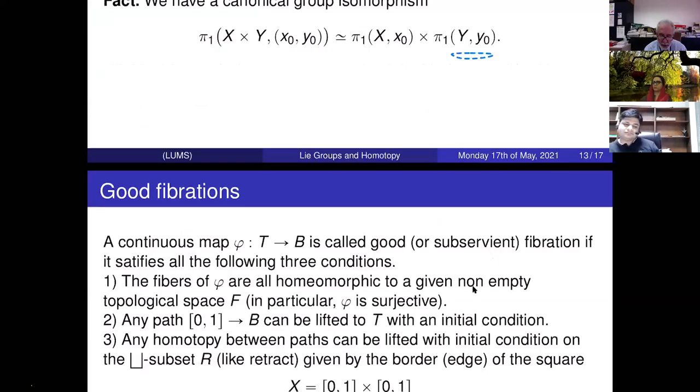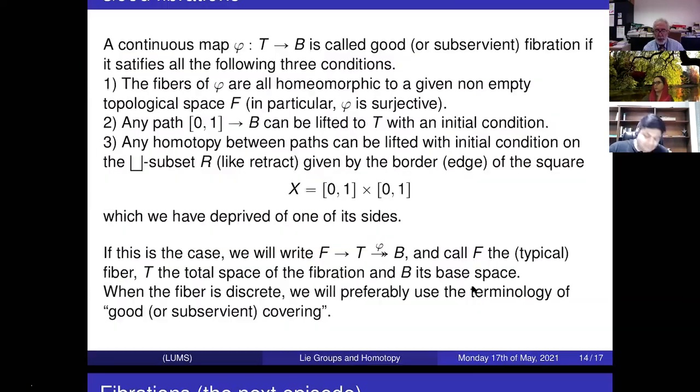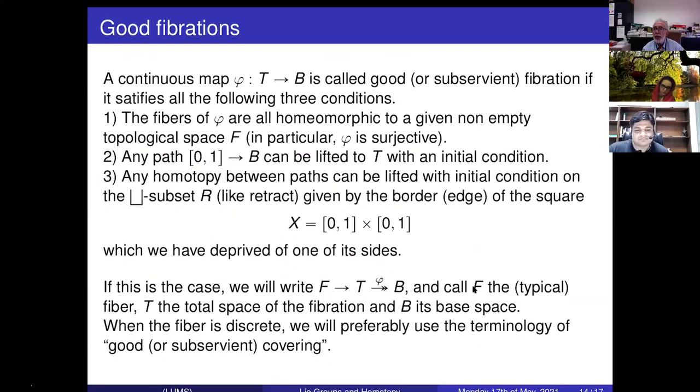So now I will need a notion which is very important for the computations which are going to follow. If I have a set which will be called the total space T, and B is the base space, and a map phi from T to B, it will be called a good fibration if it satisfies these three properties.